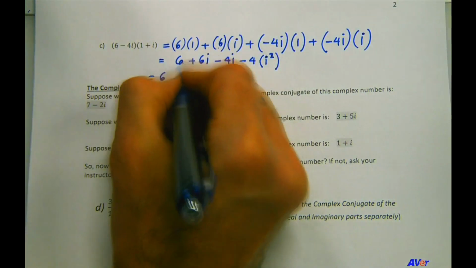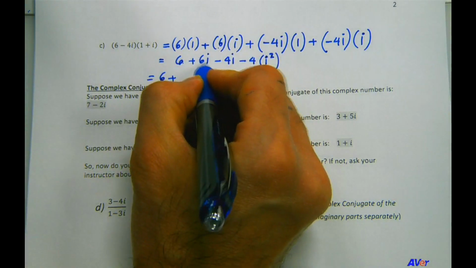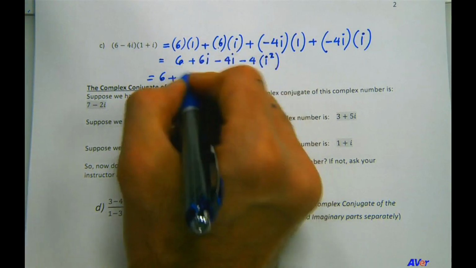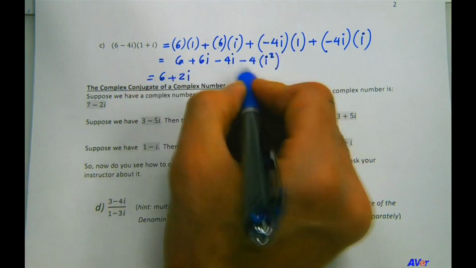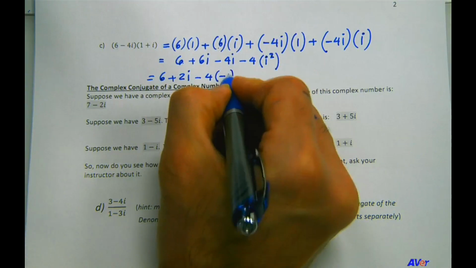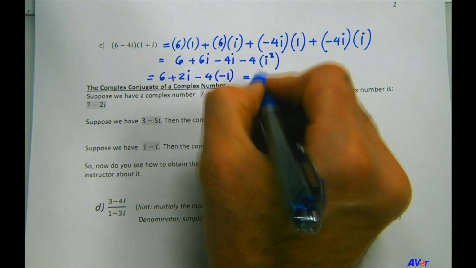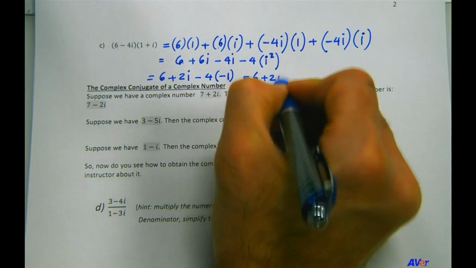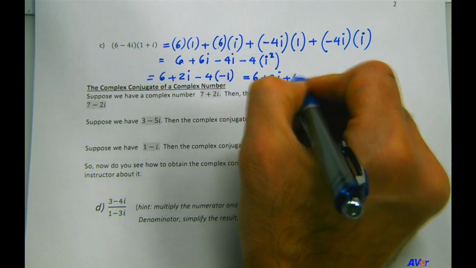We have 6 plus 6i and minus 4i add up to positive 2i, minus 4 times negative 1, because i squared is negative 1, equals 6 plus 2i minus 4 times minus 1, positive 4.